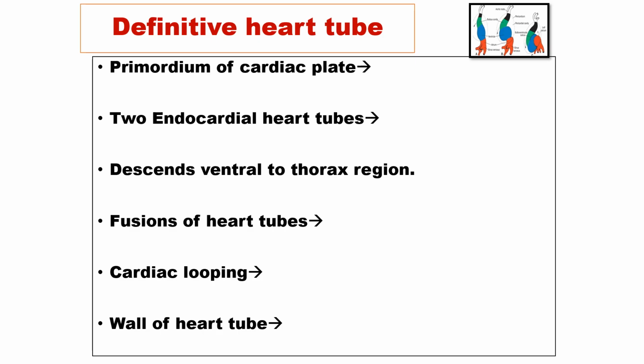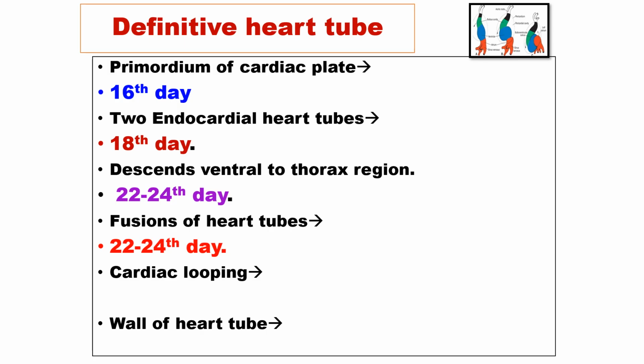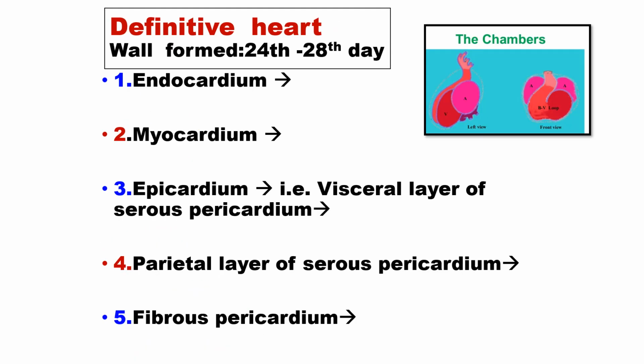A definitive heart tube: the primordial heart tube or cardiac plate at the 16th day, two endocardial heart tubes at the 18th day, descent ventrally to the thoracic region by the 24th day, due to the cranial folds. Fusion of the heart tubes, due to the lateral folds, also occurs by the 24th day. Cardiac looping occurs by the 24th to 28th day, and the wall of the heart tube is also formed between the 24th to 28th day.